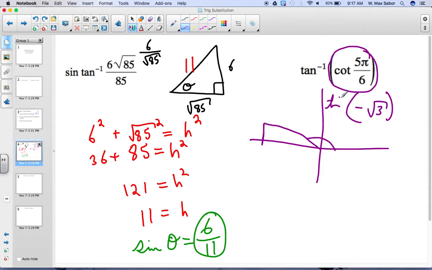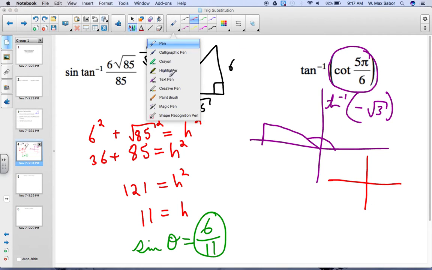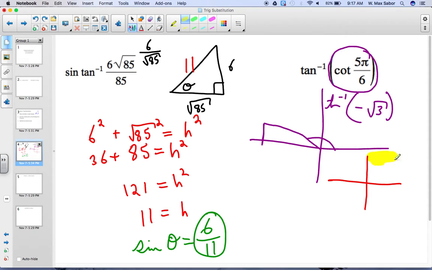Now when we take inverse tangent of negative square root of 3, remember that we restrict the domain of sine, cosine, and tangent, or inverse sine, inverse cosine, and inverse tangent, so that they're actually functions. And we restrict tangent and sine to the first and fourth quadrants.